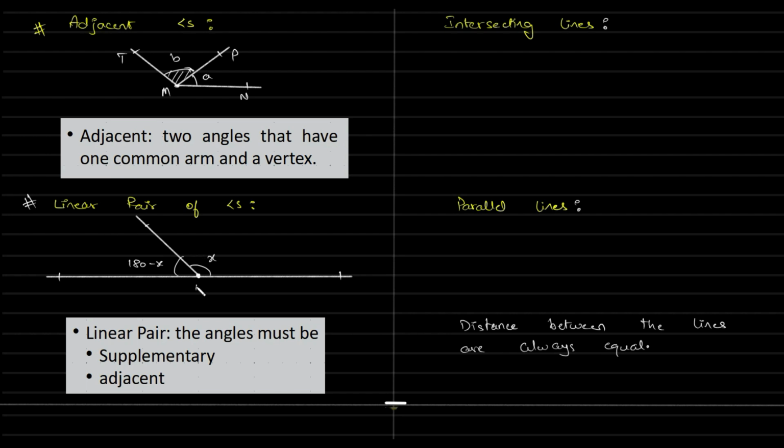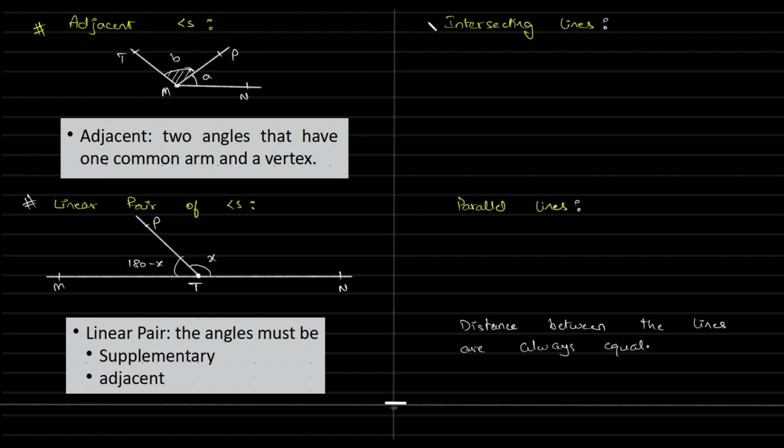So say the vertex is T, then M, this is N, then this is P. So this is a linear pair. There are two angles which add up to 180 degrees and they are adjacent angles.